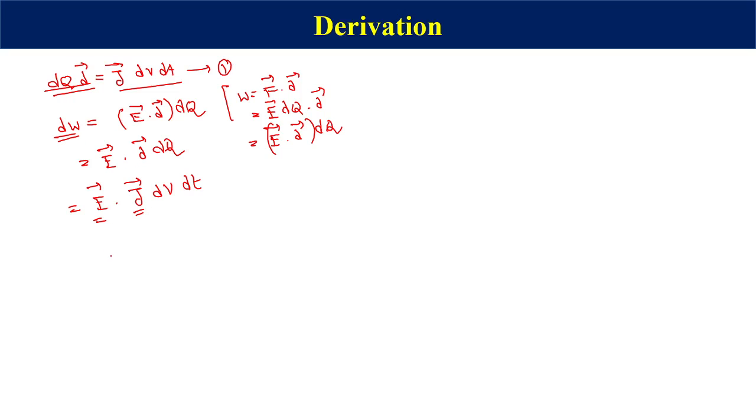So what is the total work done? There will not be just a dq amount of charge, there will be enormous amounts of charges. The total work done in transferring all the charges from one place to another through a distance is what we call the total work done.